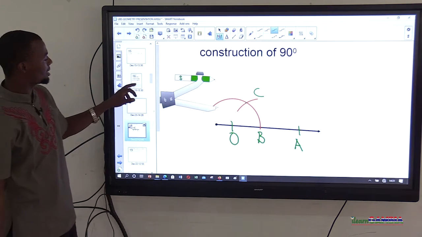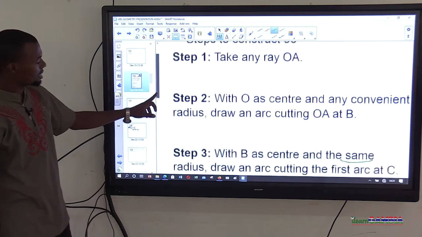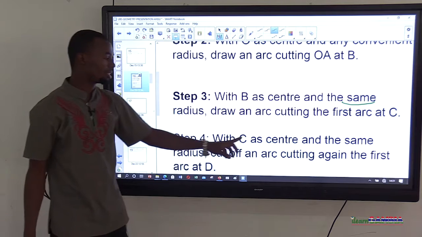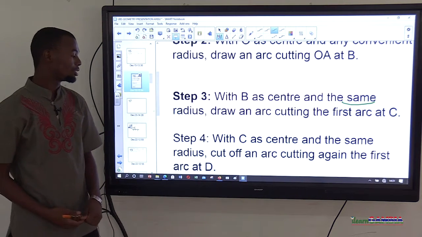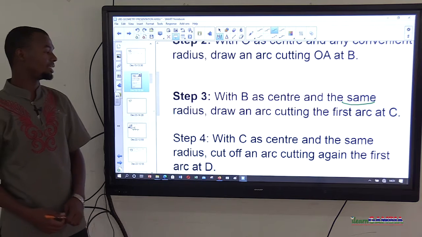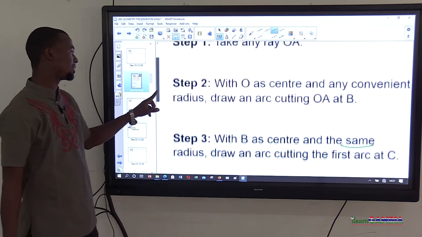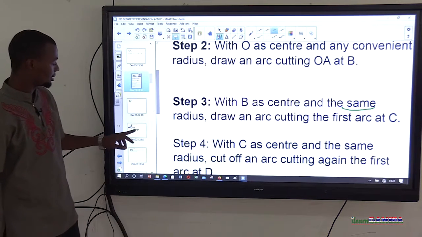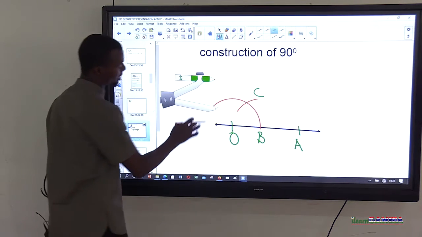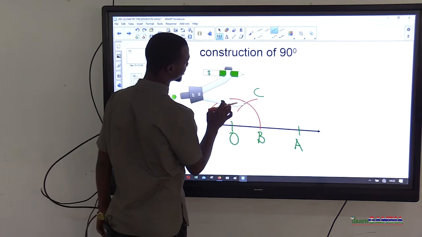Our next step is with C as the center and the same radius, cut off an arc cutting again the first arc at D. So we have C as the center and the same radius. We do not change the radius.